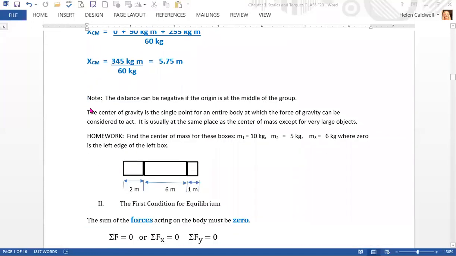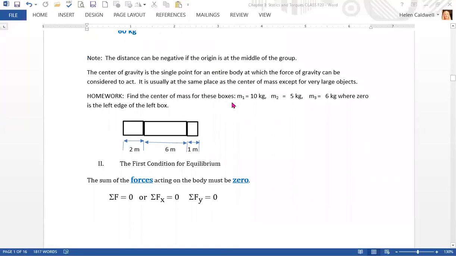Let's move on. For your practice, you need to be able to do this. Sometimes we talk about center of gravity. Center of gravity and center of mass are usually in the same place, unless you're dealing with a really large object like a planet. It could be in a different locale. We're not going to worry about that distinction.